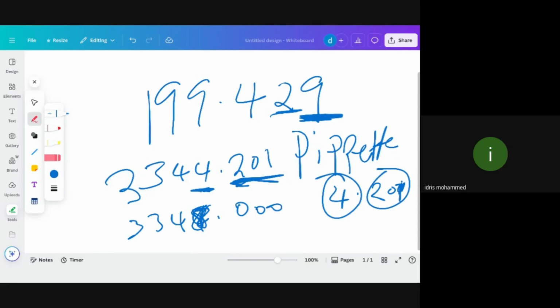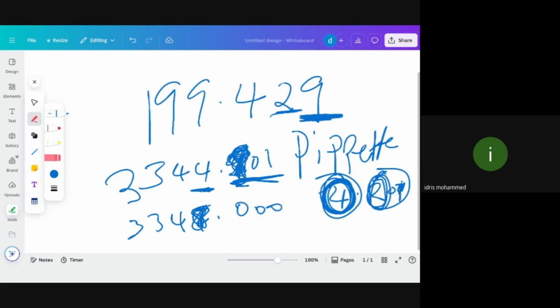Is it making sense? Yes. But the reason why they put all these pipettes there is that this pipette must count up to 10 before this pip will move. So this pipette 2 here must move to 3, 4, 5, 6, 7, 8, 9.